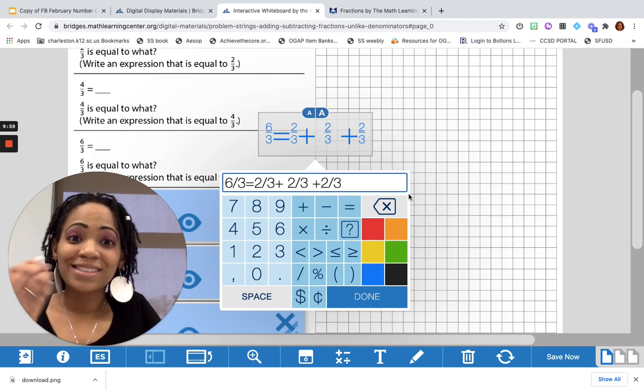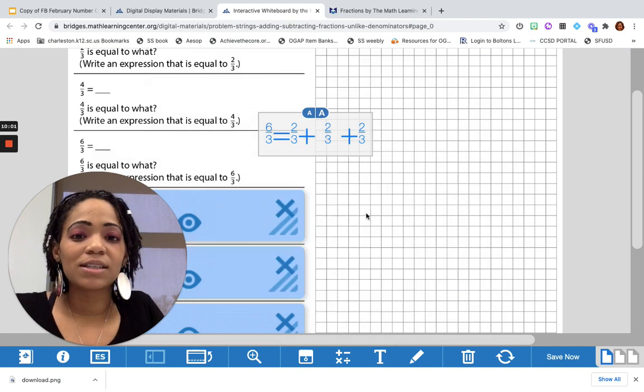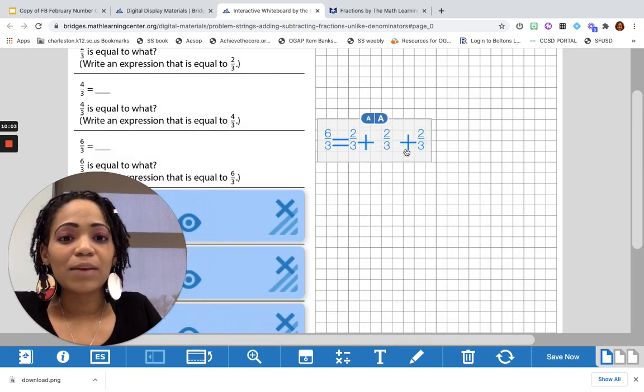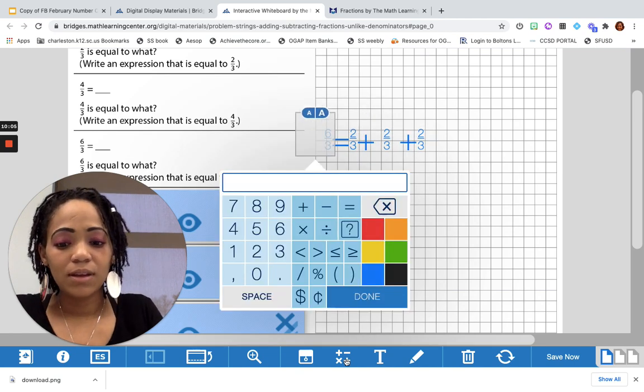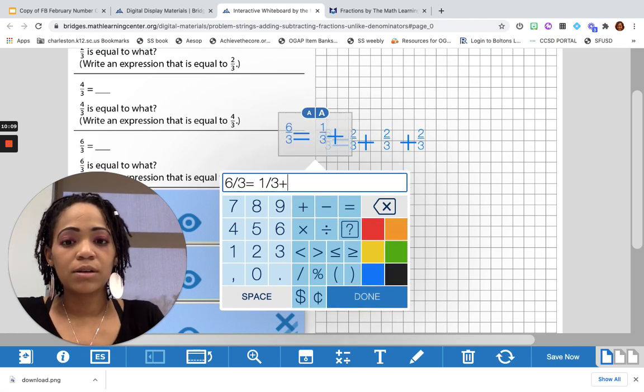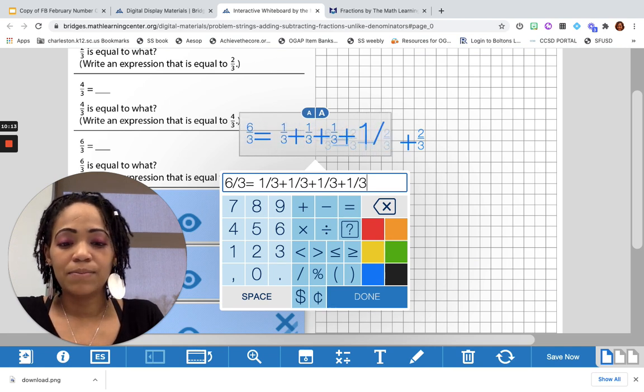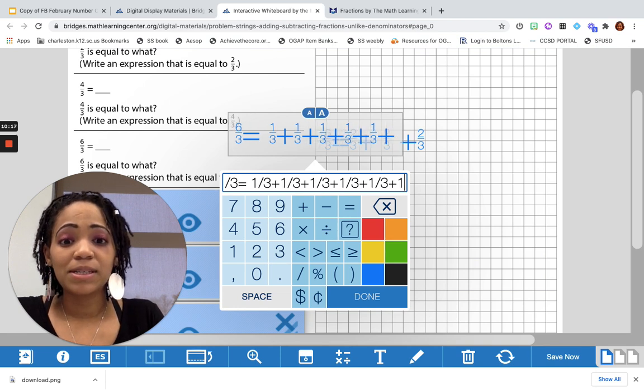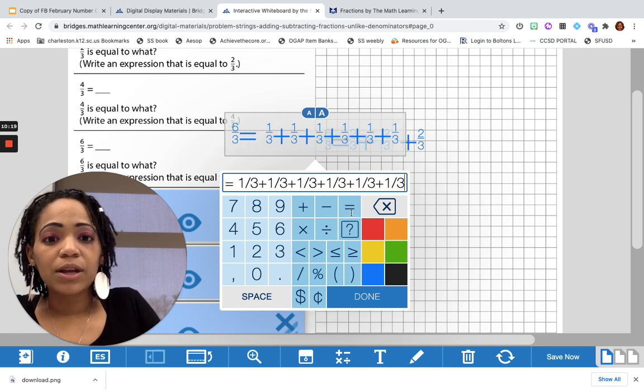Got 2, 4, 6 1/3 size pieces. I could also write it like we've been doing it with my unit fraction of 1/3 plus 1/3 plus 1/3. How many 1/3 do I need? I need 6 1/3 size pieces, right? And so there we go.